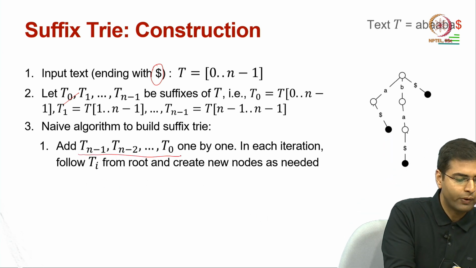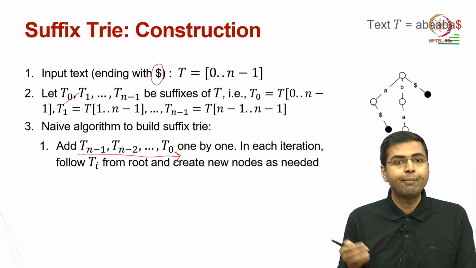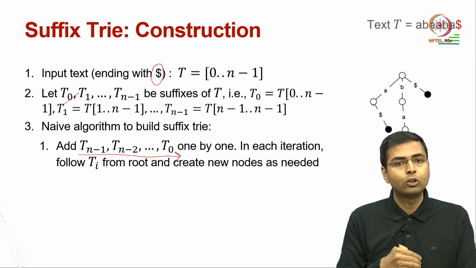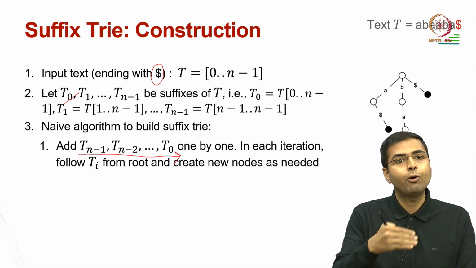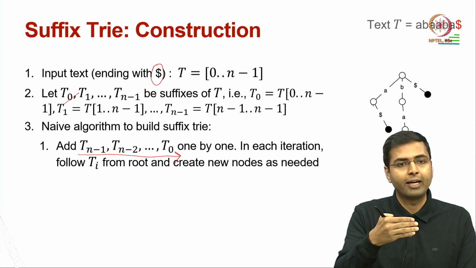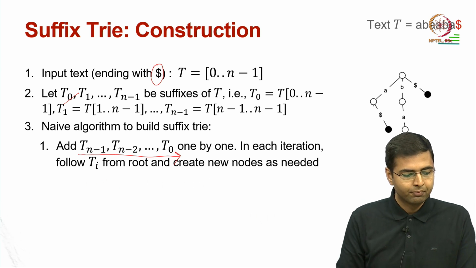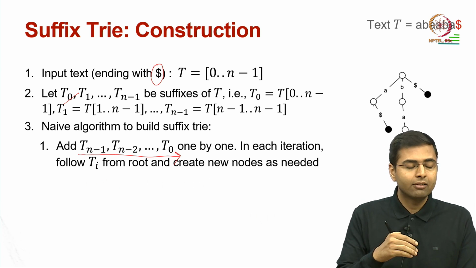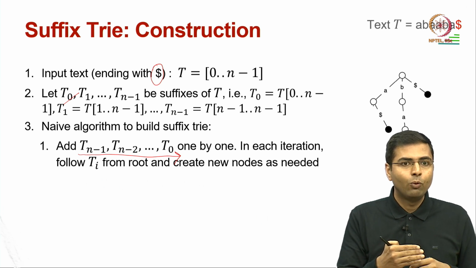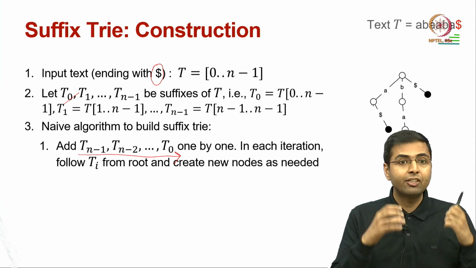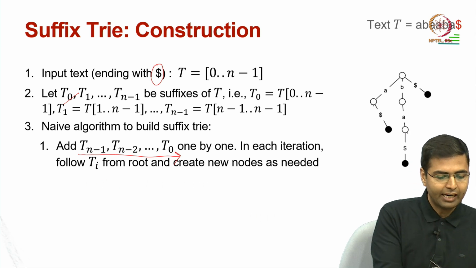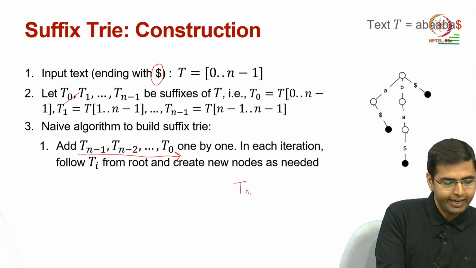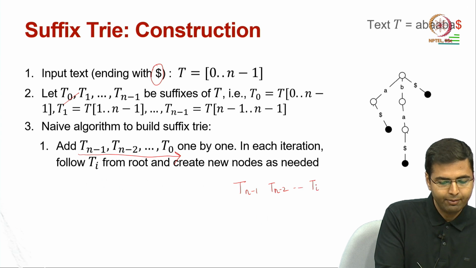Let us say we start with Tn-1, Tn-2 and so on, and incrementally keep adding each suffix to the suffix trie. Suppose we have an intermediate tree built from Tn-1, Tn-2 until Ti+1, and now we are adding Ti.